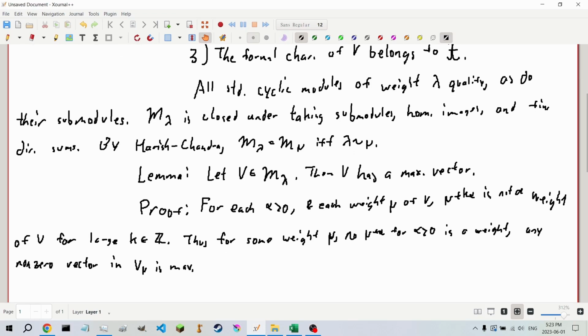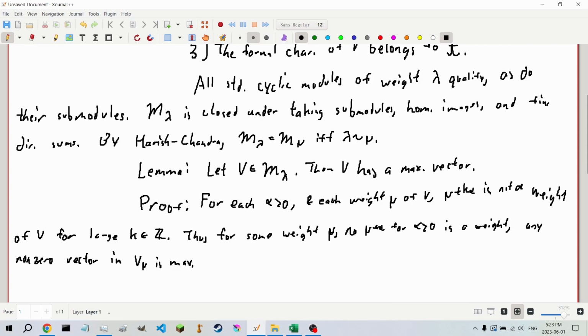So for each lambda in h star, we're going to let theta of lambda be the set of mu in h star such that mu is less than or equal to lambda, and mu is linked to lambda.